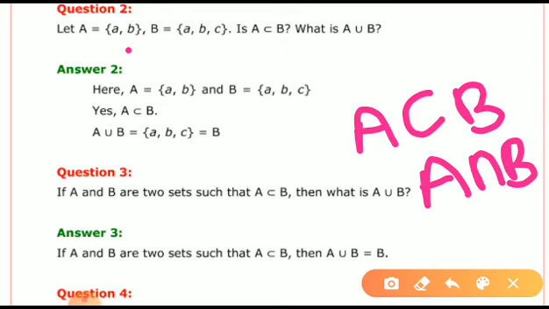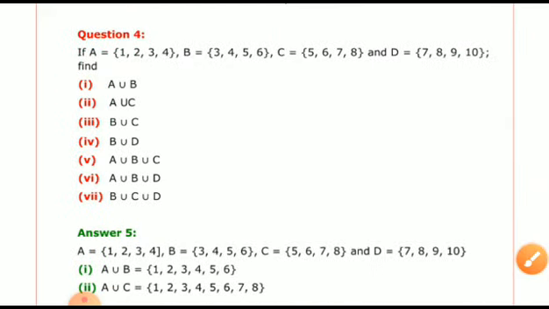Just see for this example itself. Intersection means only the common things. So have I got the common values as A, B itself? So for A subset of B, A intersection B, I will get the smaller set, that is A. Is that clear? Okay.